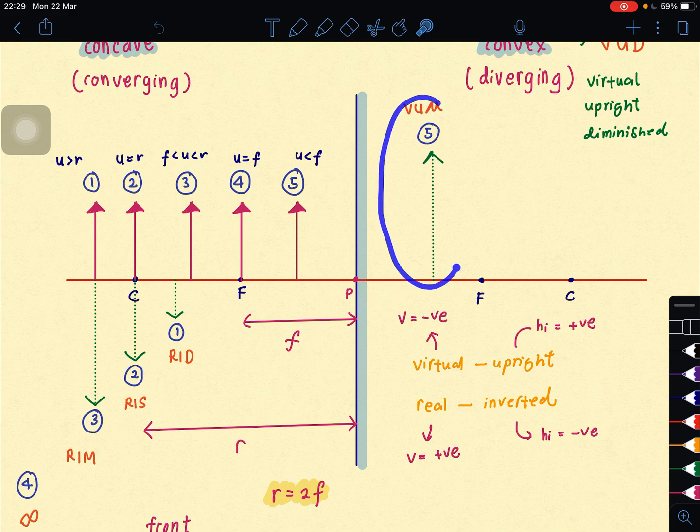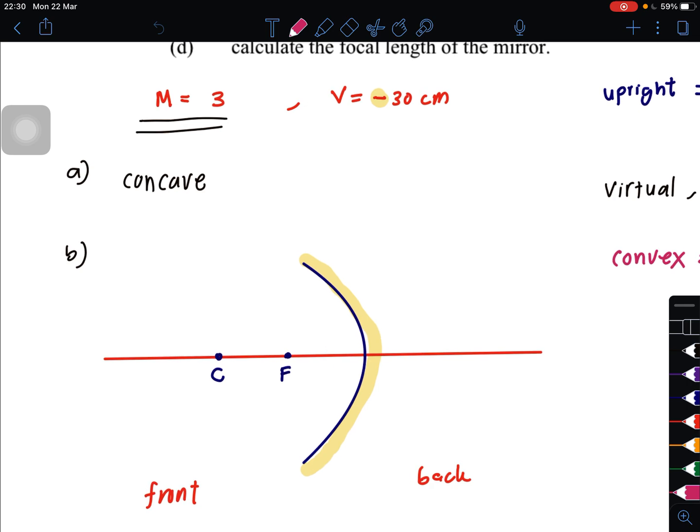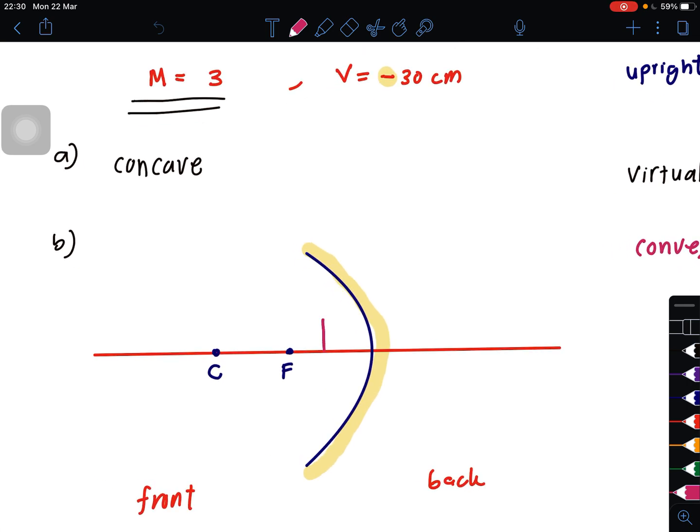Ni adalah position number 5, meaning that object dekat position number 5 dekat sini, which is U will be less than F. So maksudnya objek kita adalah dekat depan daripada F. So kita akan letak objek tu dekat sini, depan dekat F ni.